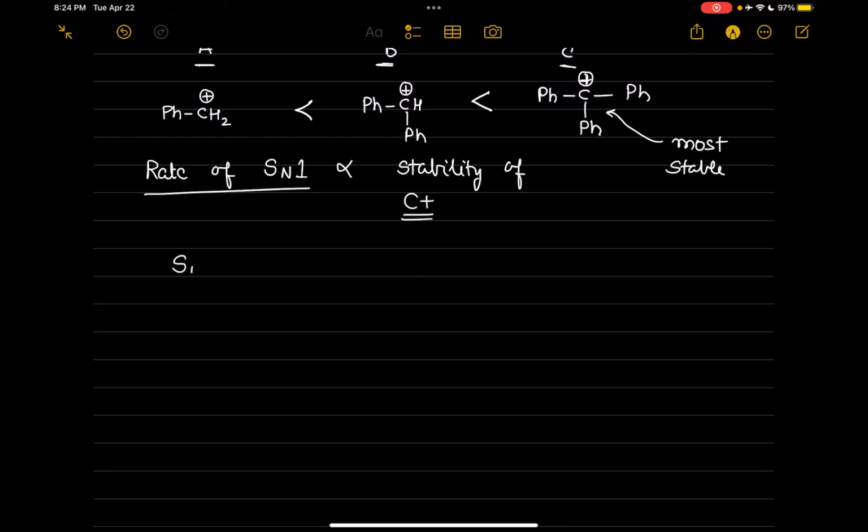So SN2 means inversion of configuration, which means the attachment of the nucleophile will be from the backside, the side opposite to the group which is going out, the leaving group. In SN1, there is no such compulsion.